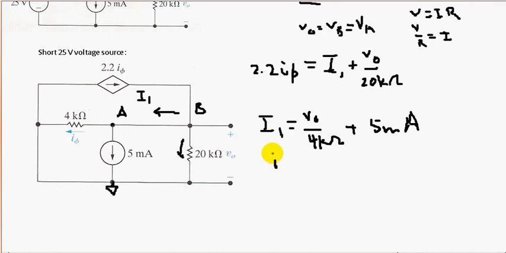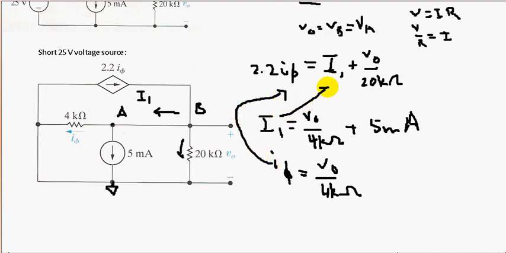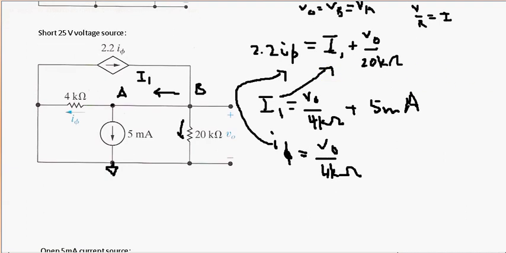I sigma is this current, which is the same current as this, so it's VO over 4 kilo ohms. Now we can substitute I sigma into there and I1 into here, and we'll have an equation.